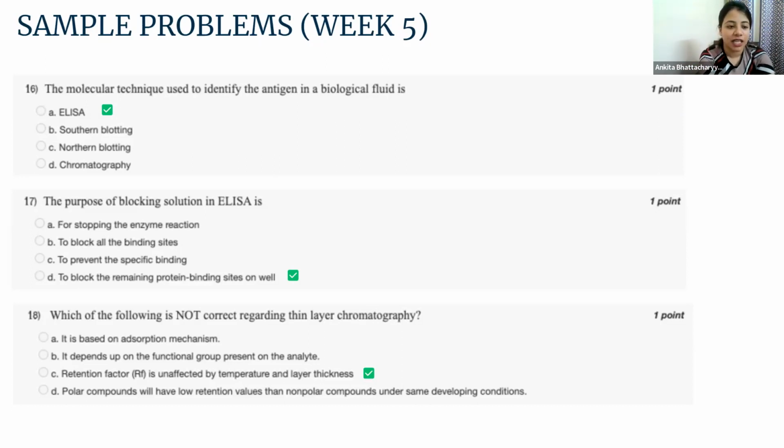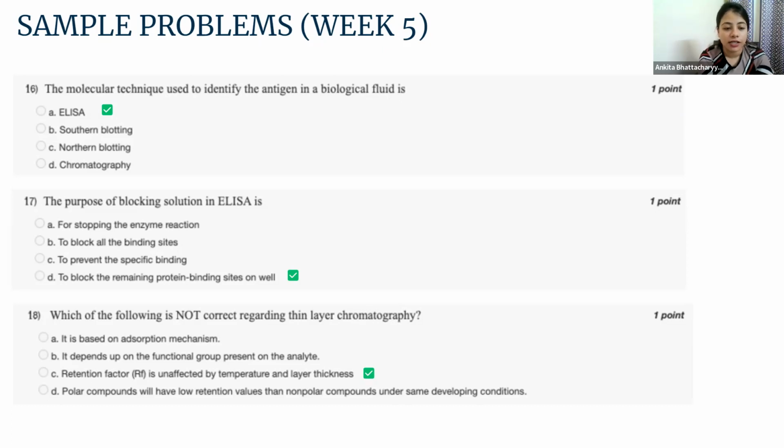And in question 18, which of the following is not correct regarding thin layer chromatography? It's based on adsorption. We talked about thin layer chromatography a while back, and we will discuss it next week in detail as well.